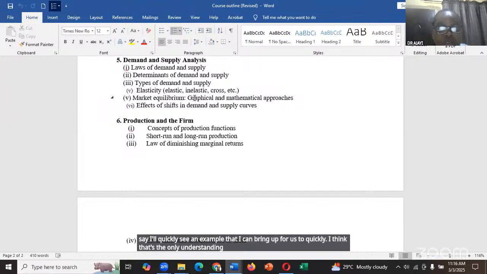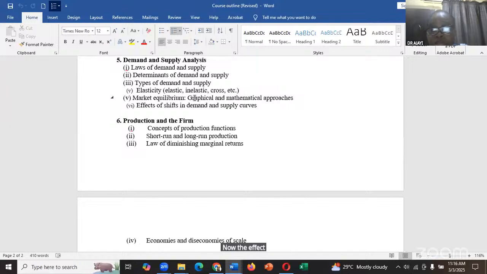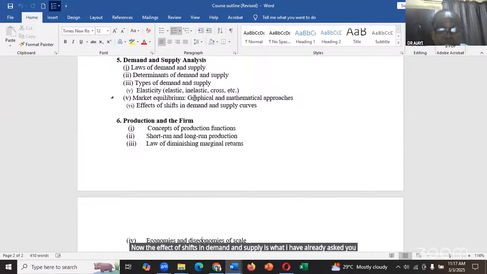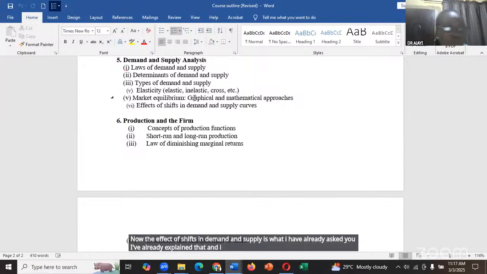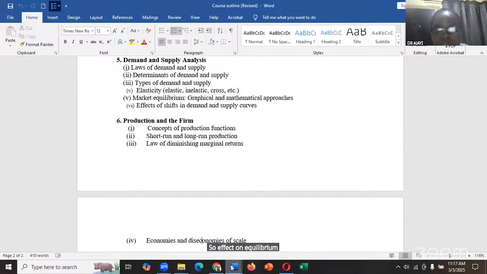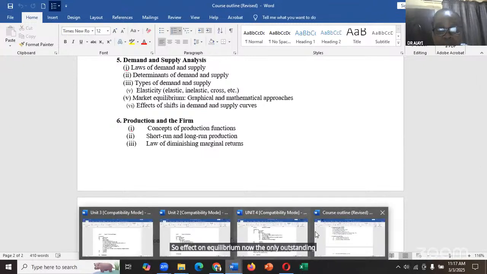This last one is the effect of shift in demand and supply. I have already explained that, and I asked that you should see, when there is a change in both demand and supply, how it will affect equilibrium. So, the effect on equilibrium. The only outstanding thing is that mathematical aspect.